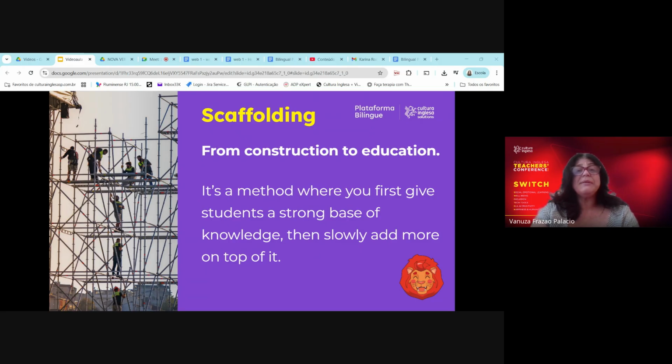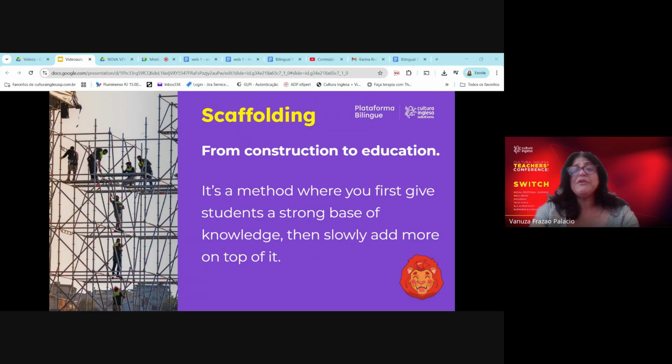So for that to happen, teachers need to gradually build and help the students build the language through gradual step-by-step moments in the lesson. And this is what we call scaffolding.